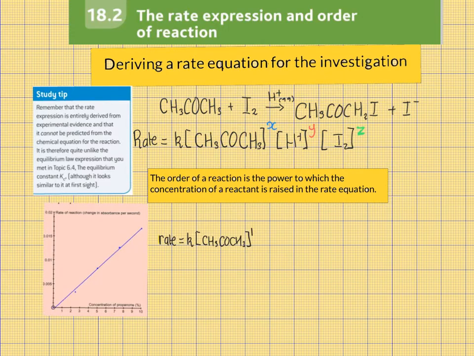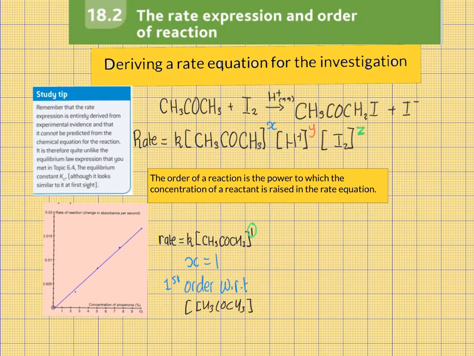We found that when we plotted a graph of the concentration of propanone versus the rate, we got a straight line, and therefore it's directly proportional, and therefore the order of reaction with respect to the concentration of propanone is 1. We say that x equals 1 and we say that the reaction is first order with respect to the concentration of propanone.